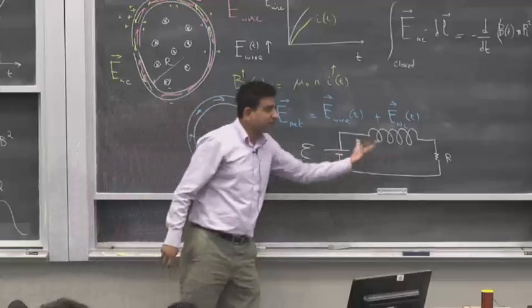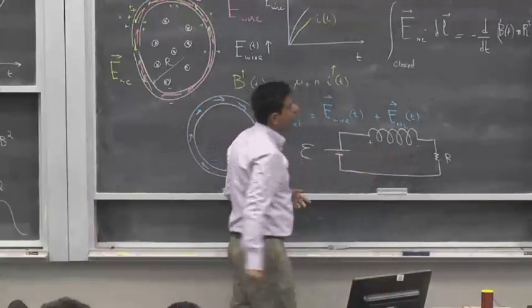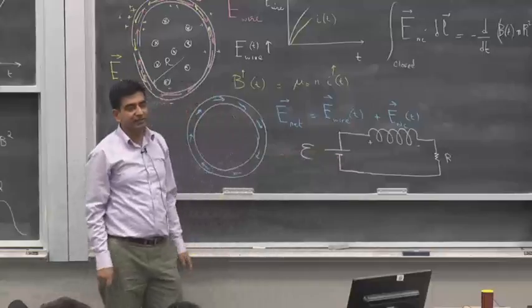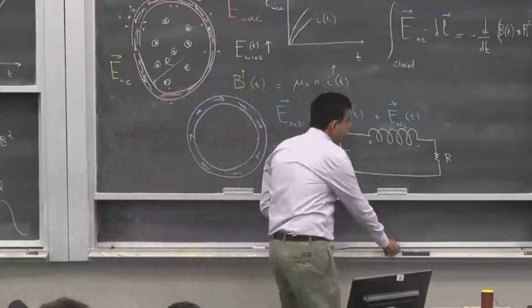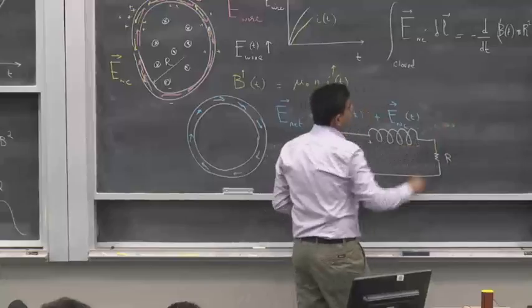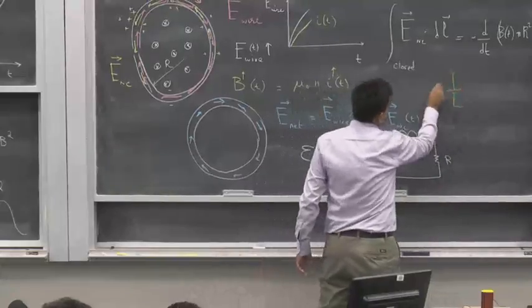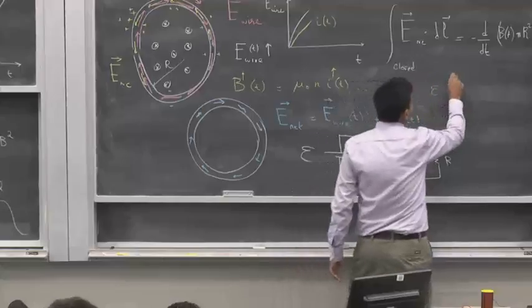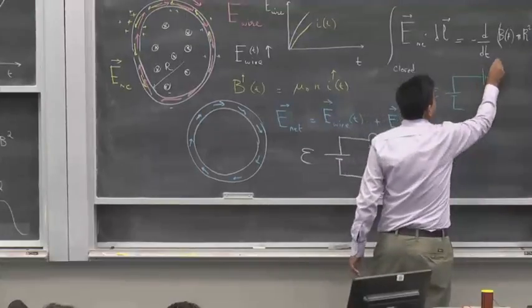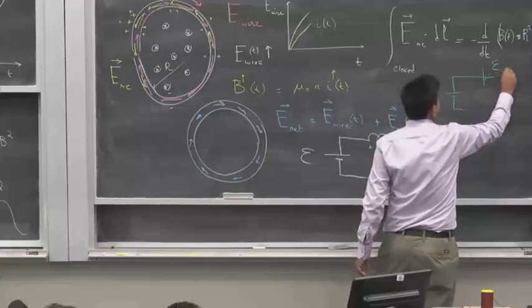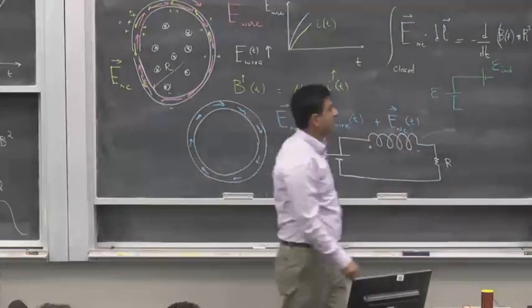So this object is really being modeled as another voltage source whose voltage distribution is like this. It's acting like a battery. So in the back of my mind, I can think of this model as being totally equivalent to a real battery and another battery which has an induced EMF, and then a resistor.